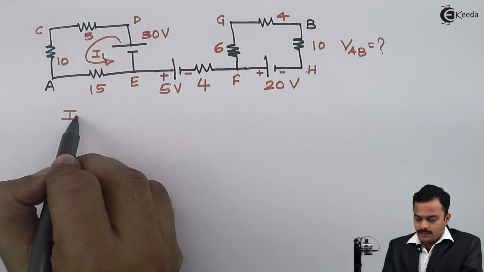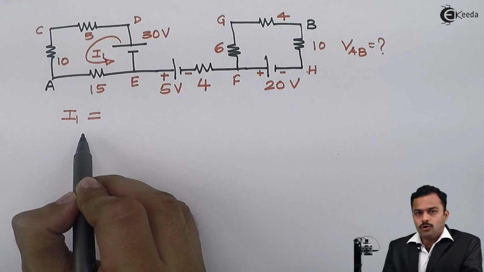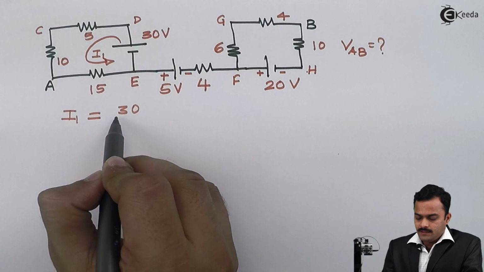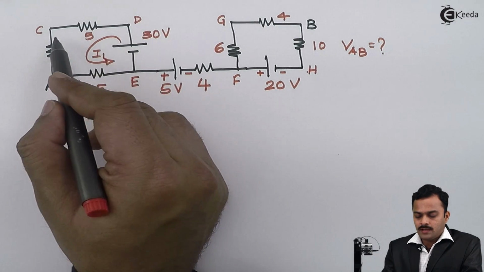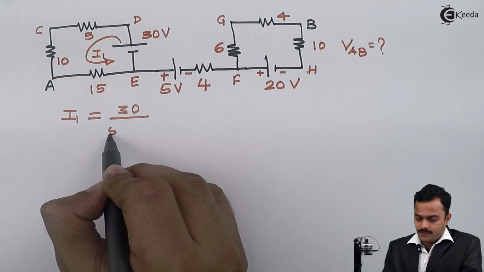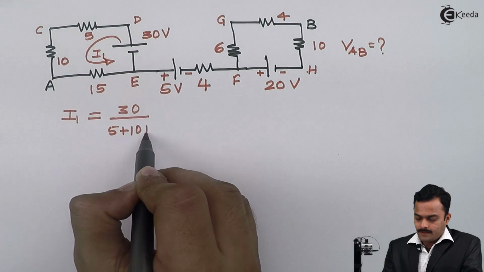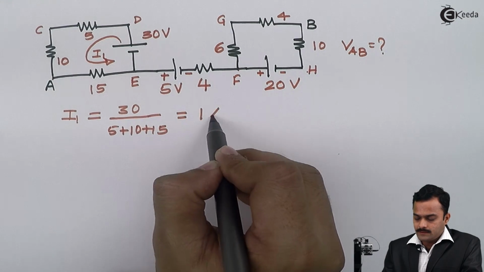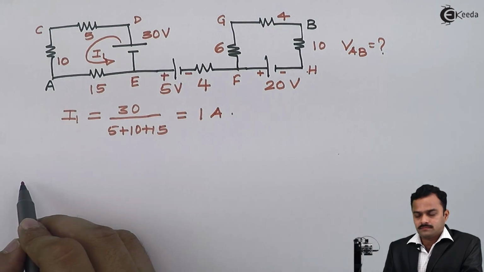So I1 I can get by Ohm's law. It is 30 volt divided by the total resistance connected in the circuit, so it's 5 plus 10 plus 15. The answer I will get is 1 ampere.